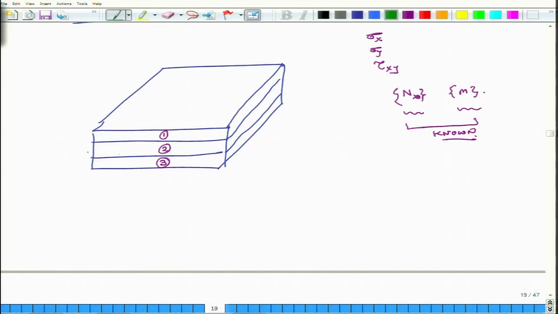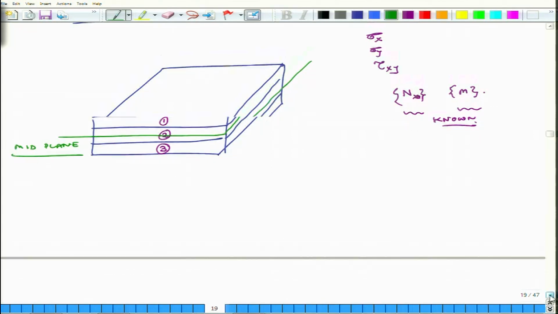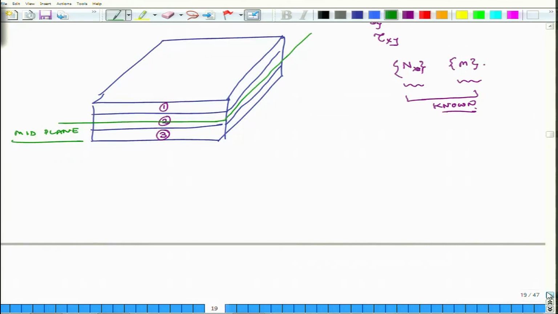Now, if this is known, then the first thing is I identify a midplane of the plate. So, this is the midplane. And then the first step I do is I compute the A, B and D matrices of the laminate.